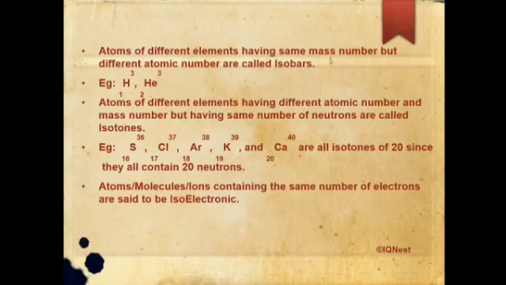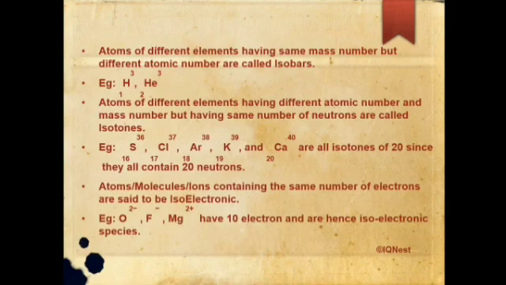In the case of isobars, the elements have different atomic number but the same mass number. In the case of isotones, the elements have different atomic number and mass number but the same number of neutrons. And for isoelectronic, the atoms have the same number of electrons. So that is the difference. For example, O2 minus, F minus, and Mg2 plus have 10 electrons and are hence isoelectronic species.